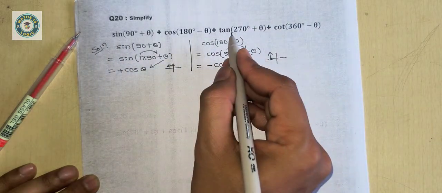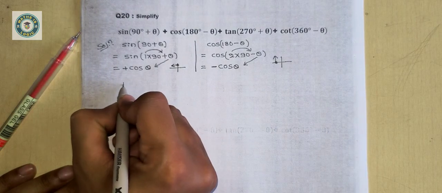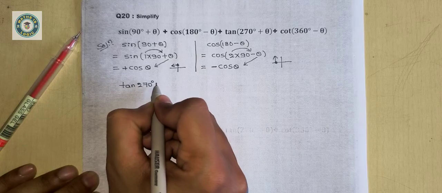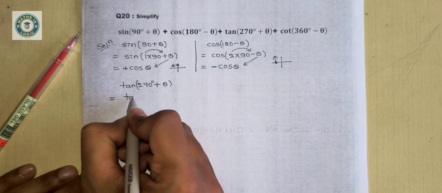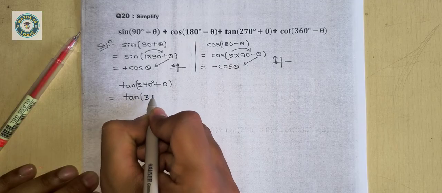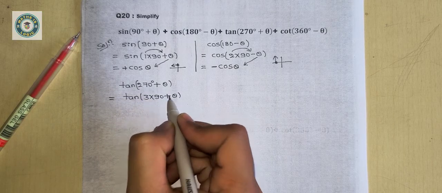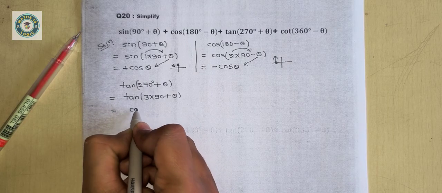So next third one, tan 270 plus theta. Tan 270 can be written as 3 into 90 plus theta, which is equal to an odd number. Tan changes to what here?